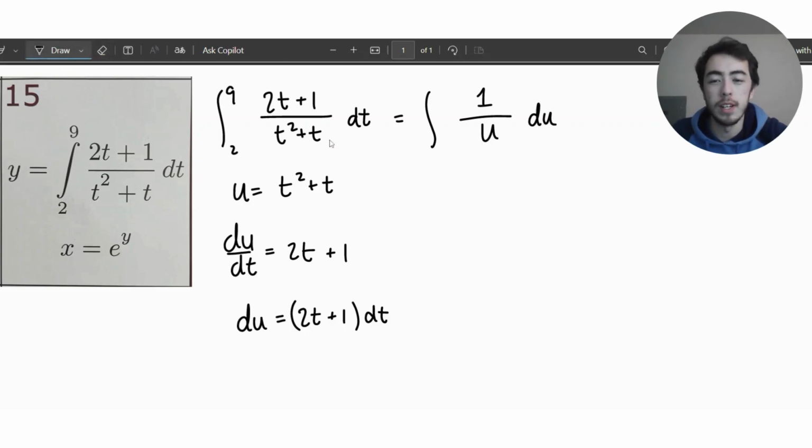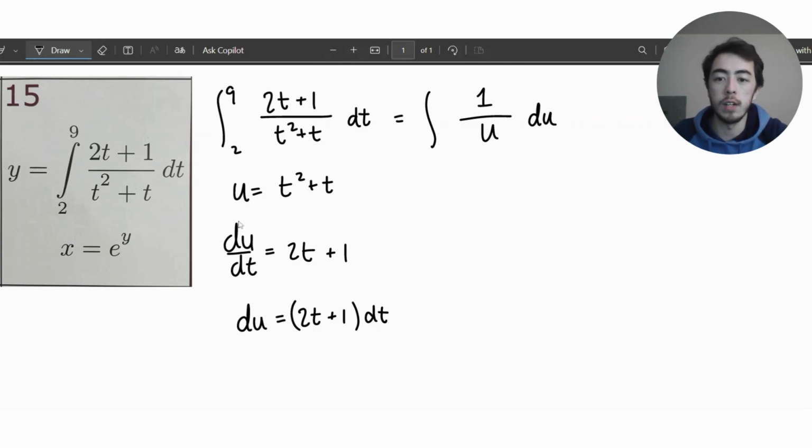The last part is I need to also change my bounds. I mean, technically I don't. There is a way to do this integral and then go back and change it back in terms of t, but whenever I'm doing a definite integral, which is one with bounds, I just like to change all of my numbers from numbers in terms of t to numbers in terms of u.